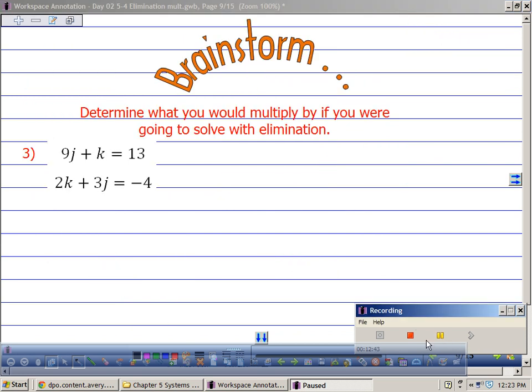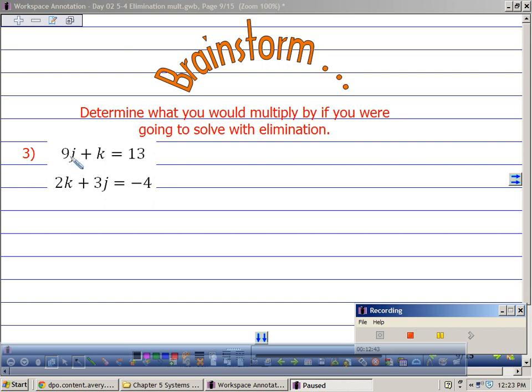Alright, so determine what you would multiply by if you're going to solve this by elimination. How can we solve using elimination? Can you explain it? Oh, perfect. So right here, on this equation, J is the second term.